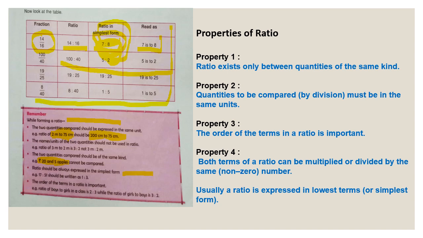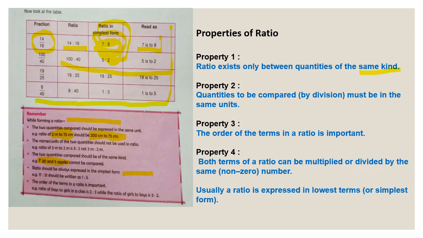Now, the order of the terms in a ratio is important. In whichever form the question demands the ratio, you have to write it in that form. You cannot change the order of the numbers. So, conclusion. Property 1: ratio exists only between quantities of the same kind.